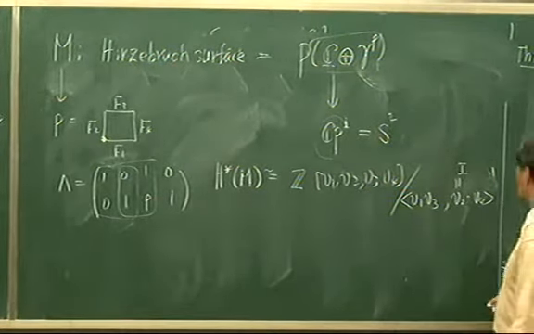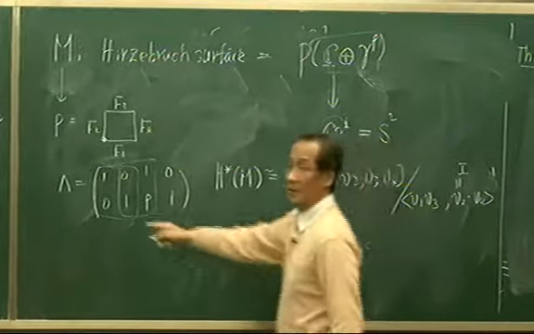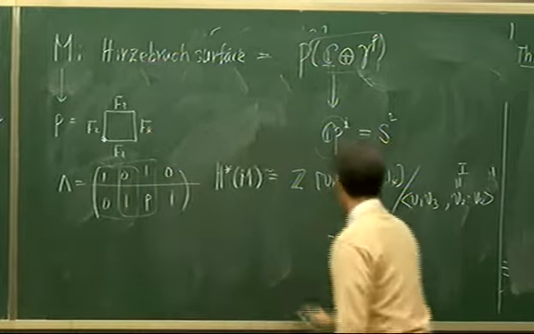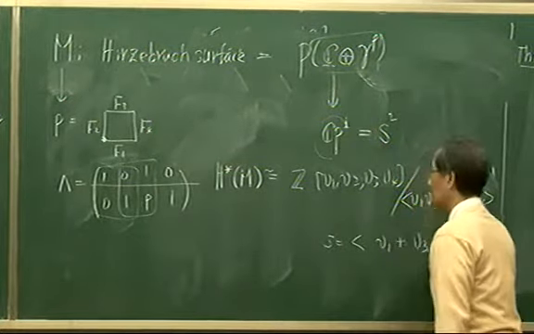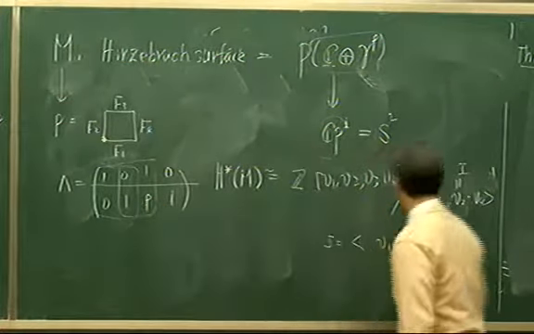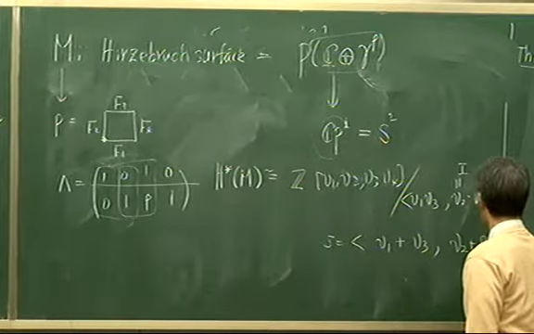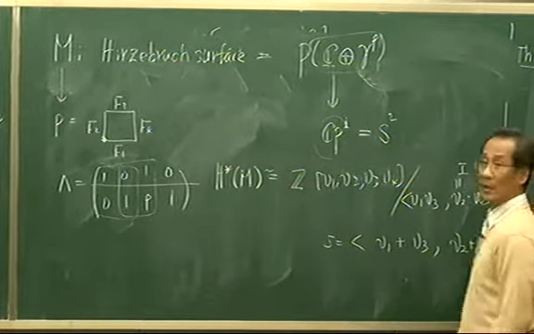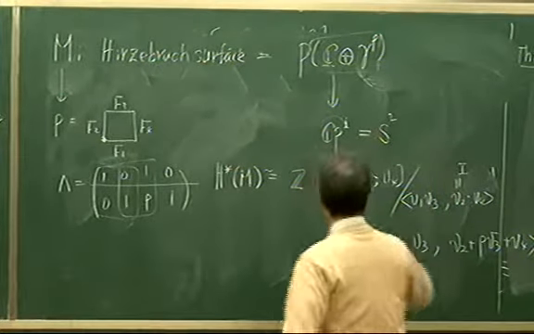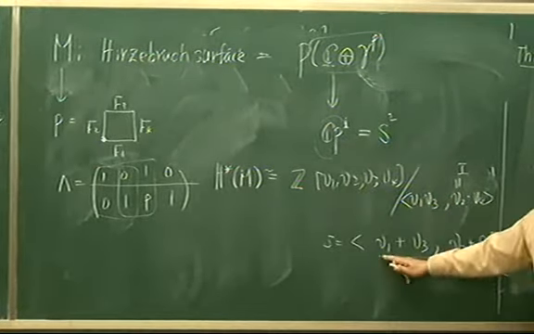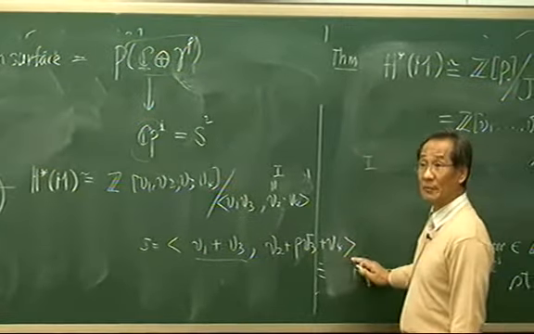Okay? And what is J? J is, you read it this way. V1 plus V3 and V2 plus P V3 plus V4. So you are modding out these two relations. And then from this, V1 is V3. And from here, V2 is PV3 plus V4.